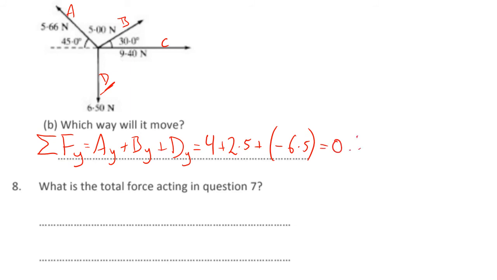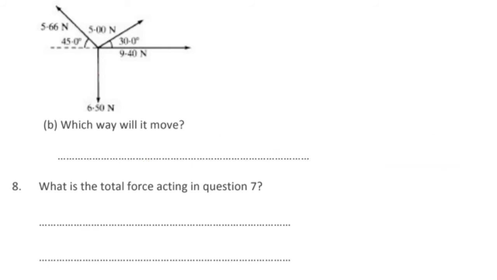Therefore, it will not move vertically. However, we can probably tell, based on the fact that vector C is quite big compared to the horizontal components of A and B, that it will move to the right. So we can work that one out.